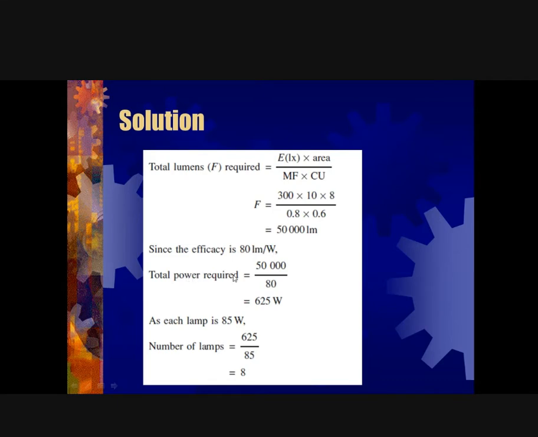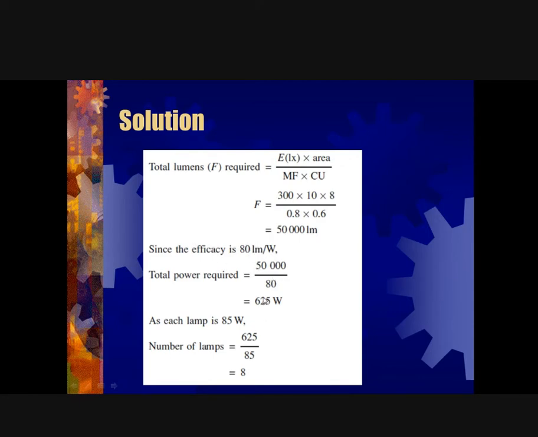Now, since the efficacy of the lamp is 80 lumens per watt, the total power required is 625 watts. It's a matter of dividing the total lumens required by the lumens per watt of one lamp, which is basically the efficiency of one lamp.